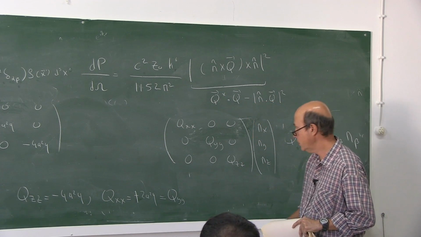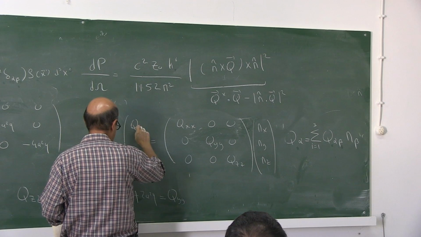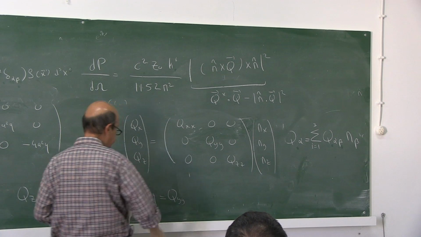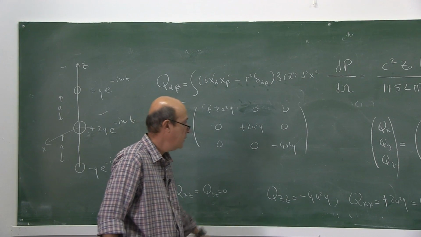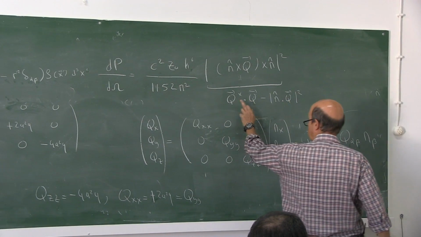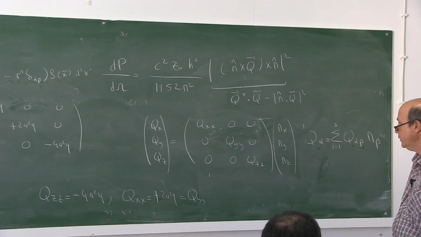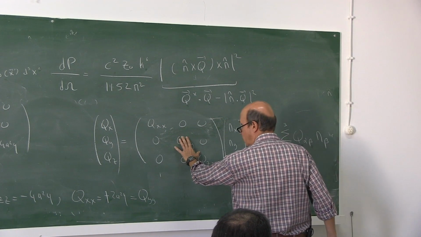And this will give you the components Qx, Qy, Qz. So if I try to calculate Q dot Q complex conjugate, n dot Q, I will not be able to finish. So at this point, we have the quadrupole moment tensor.